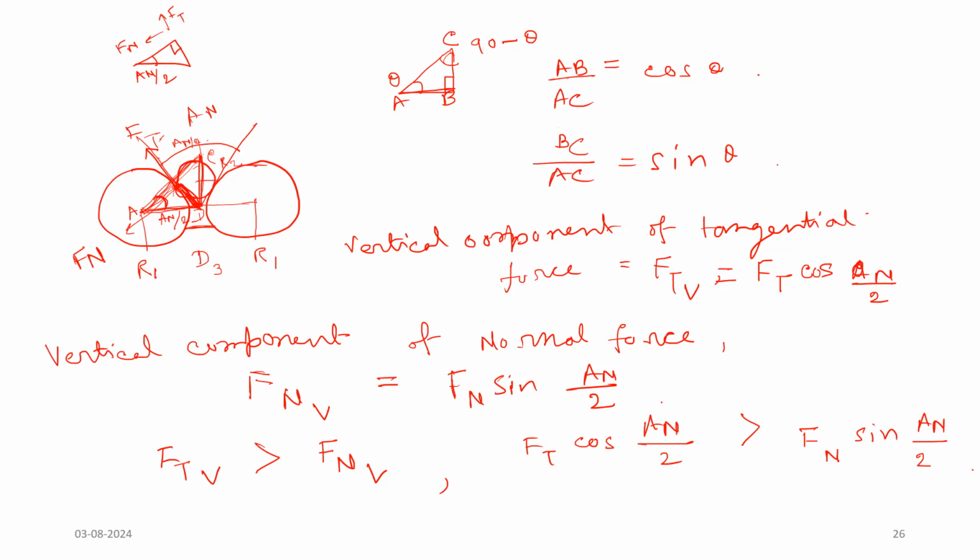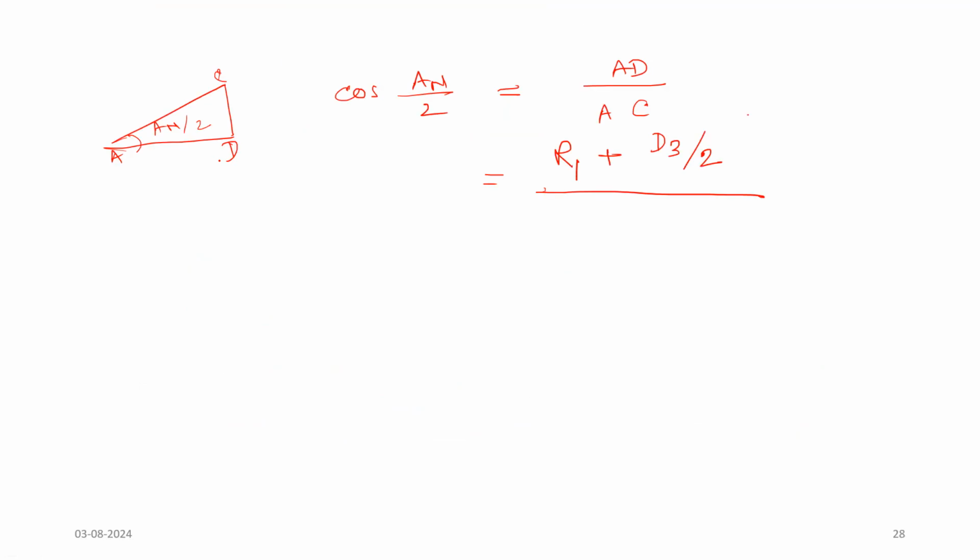And from this point to this point, my drawing is not that good, that is why it is happening, till the AC, it is the radius of the feed, which we have already defined as R2. So R1 plus R3 divided by R1 plus R2.